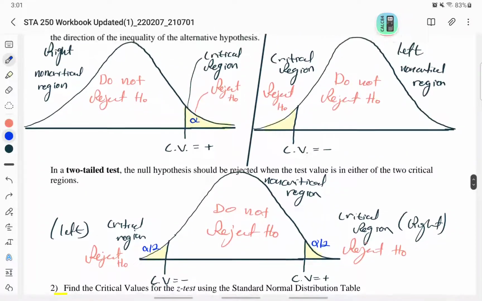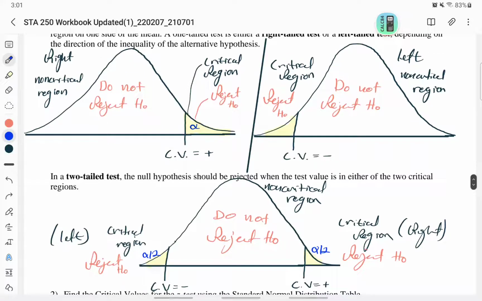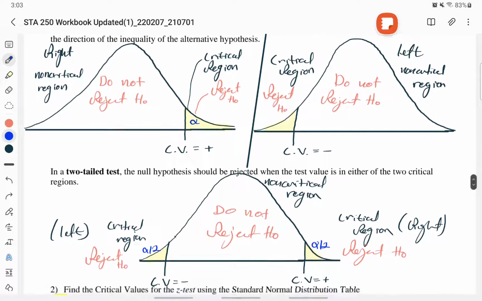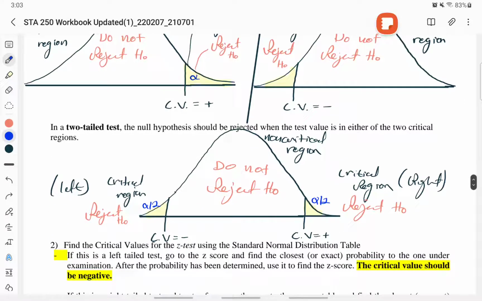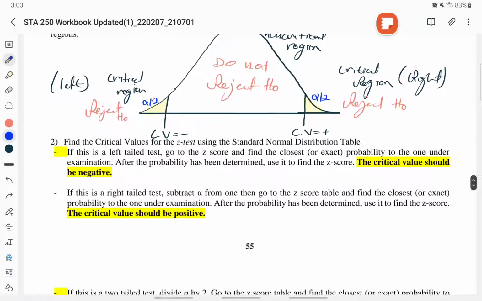So that is how you would draw the bell-shaped curve when you're making a decision to either reject or not reject your null hypothesis. Now, just like we had 2 types of confidence intervals, we have 2 types of tests, a z-test and a t-test.